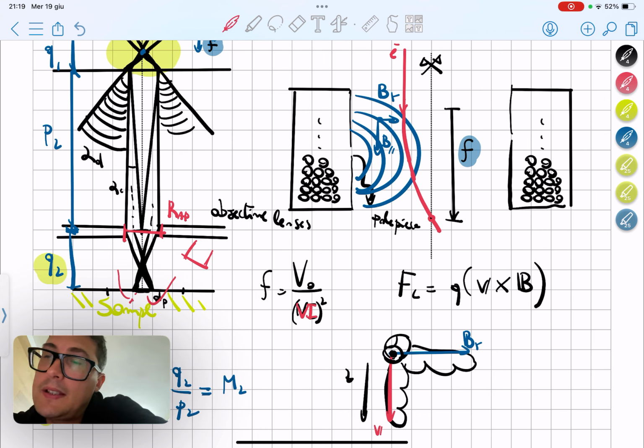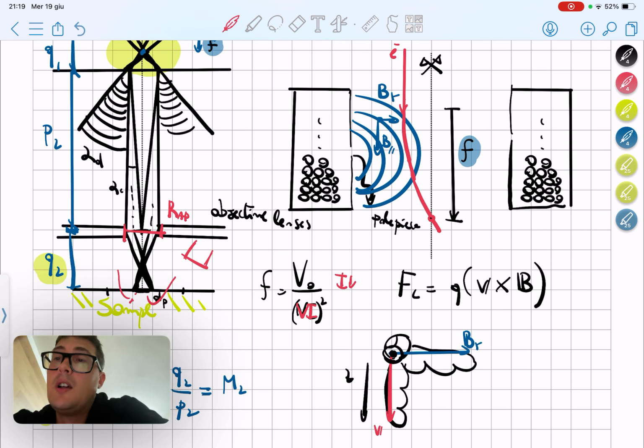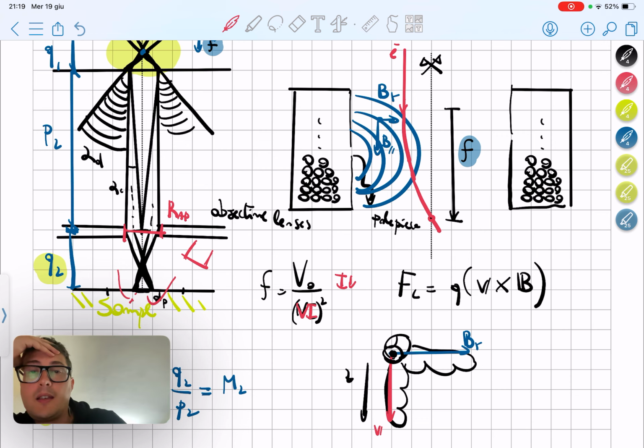Reducing this, we will increase the F. So by making the magnetic field weaker, we are essentially increasing F, and we are allowing more current to pass through. So it's another way of working on the SEM techniques.